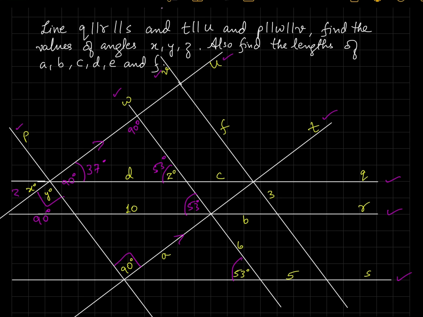So I can say that my x is 37 degrees. So we have identified the three angles: x is 37 degrees, y is 90 degrees, and z is 53 degrees. Right, so we have got all three angles.